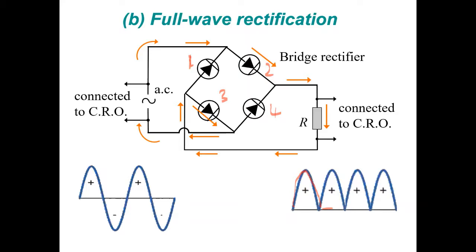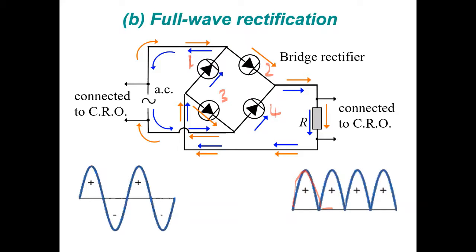Then we look at the second half. The second half flows in the opposite direction, so we look at the blue color arrow. When current flows in this direction, it will flow through D4 because of forward bias, and then also go through the resistor in the same direction.